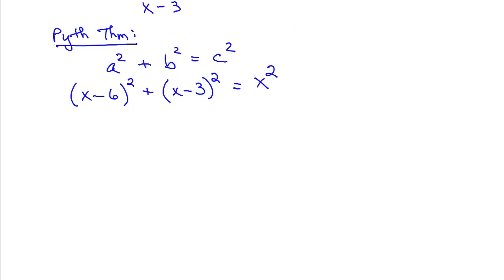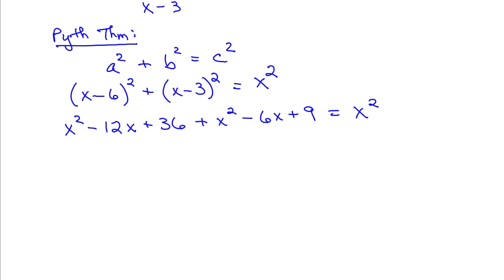Multiply out each of these parts. So x minus 6 squared is x squared minus 12x plus 36. X minus 3 squared is x squared minus 6x plus 9. And that is equal to x squared on the right side. Again, we have a quadratic equation because the highest power of x is 2.